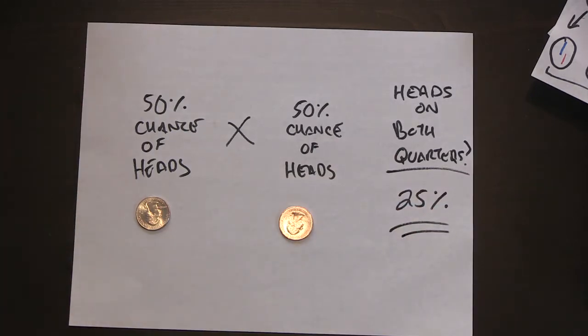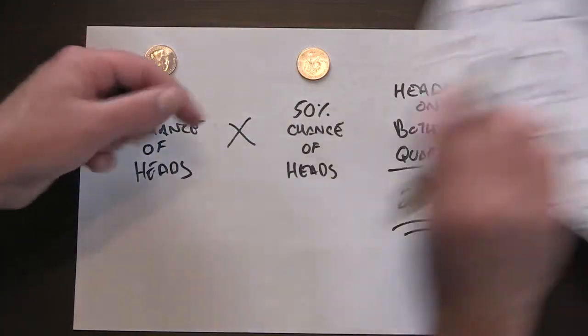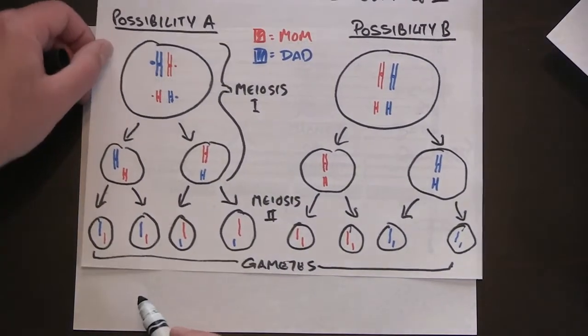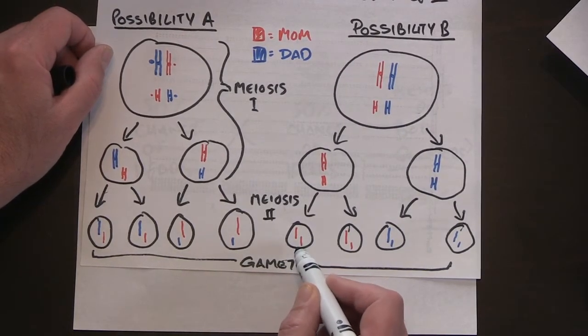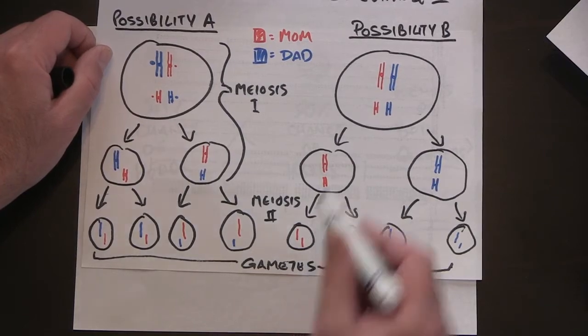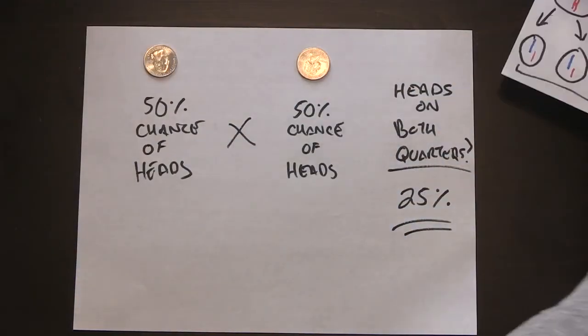Okay, so we can use this probability. Getting back to this, what's the probability of getting red and red? It's the probability of getting red here and red there, and you can do the math.